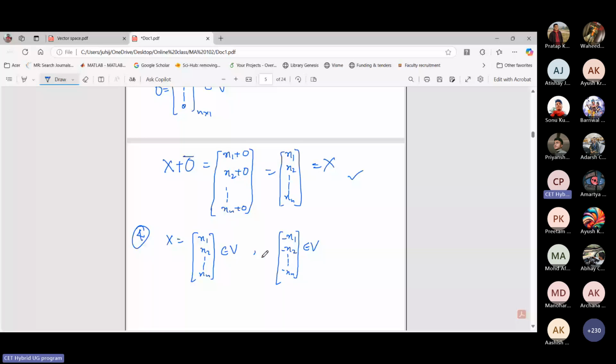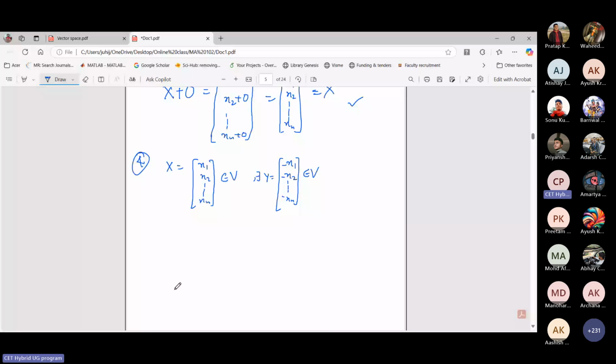If for right now I denote it as y, there exists a y which is defined by this such that x plus y is equal to x1 minus x1, x2 minus x2, xn minus xn. This is equal to 0, 0, 0.